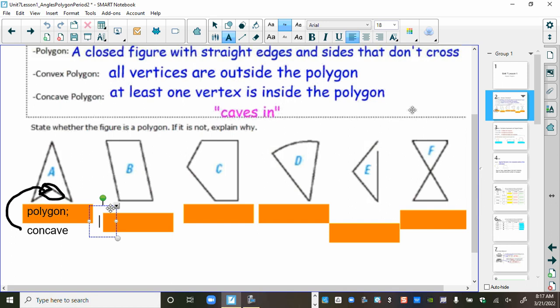What about this next one? Is that also a polygon, yes or no? Yeah, that is also a polygon. Now, are all the corners facing outwards, or do any face inwards? They're all outwards, so that is convex.